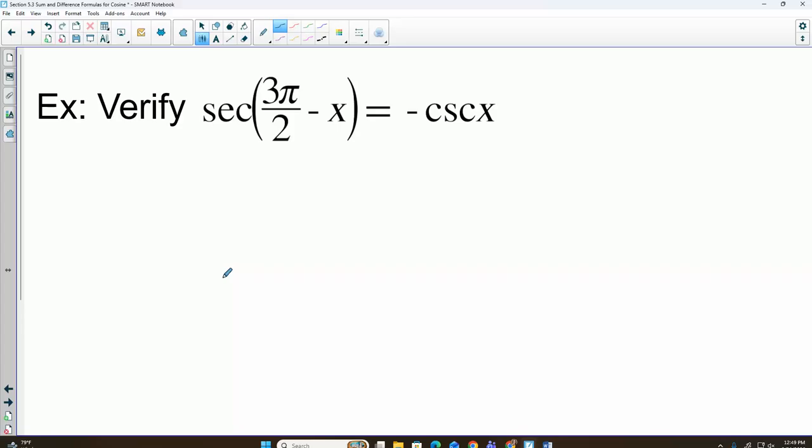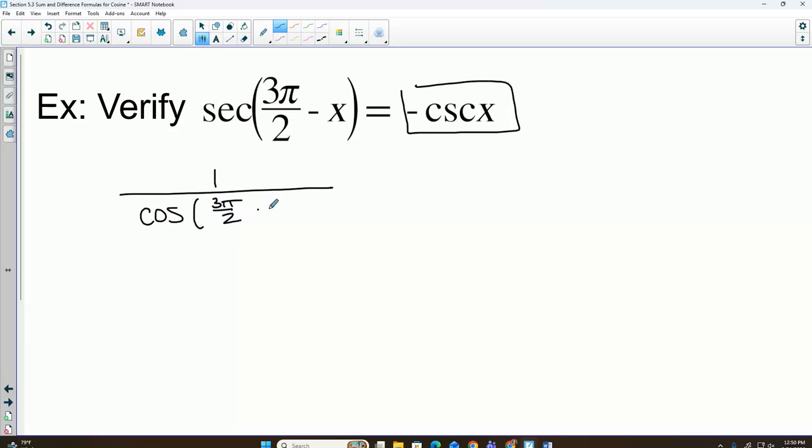The right side. Do I have a difference formula for secant? No, so what would I have to do? Turn it into cosine. Secant is 1 over cosine. So then we can do the cosine difference formula.